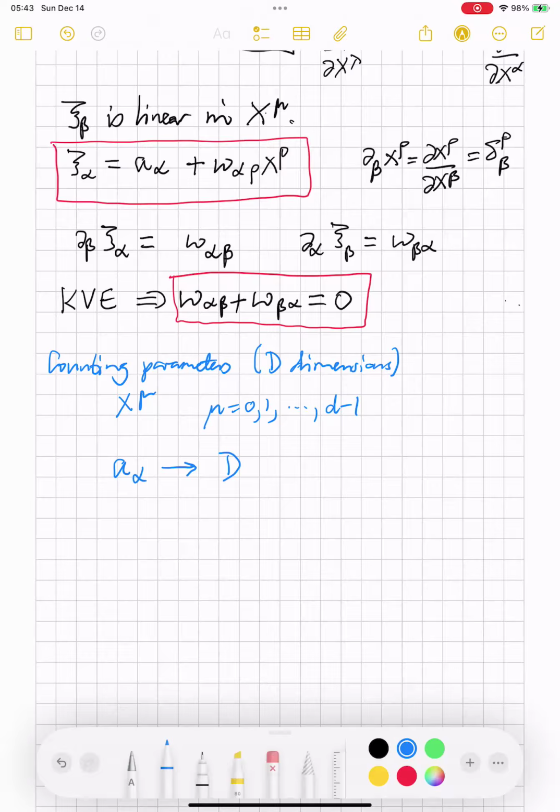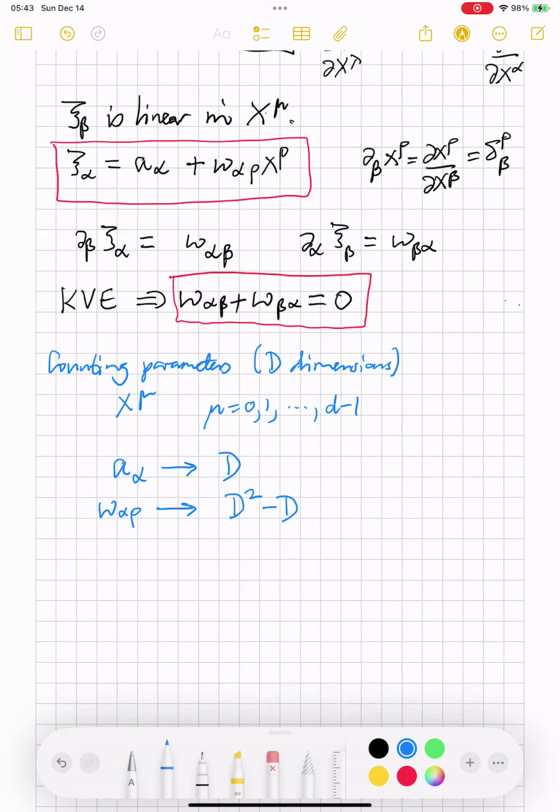How many omega alpha rho's can I have? Well, alpha and rho each run over d values, so this looks like a d by d matrix, but it's antisymmetric. That means the elements on the diagonal vanish. So we would have started off with d squared elements, but the diagonal elements vanish, so let me subtract off d.